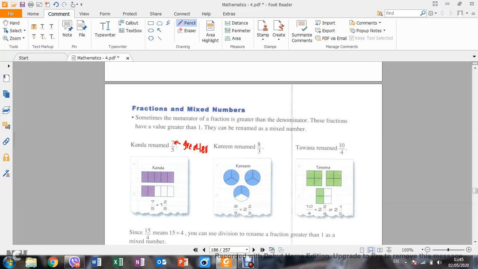When our numerator is greater than the denominator, at that time we need to rename this fraction like a mixed number. How? Look, this line means divide. 7 divided by 5.